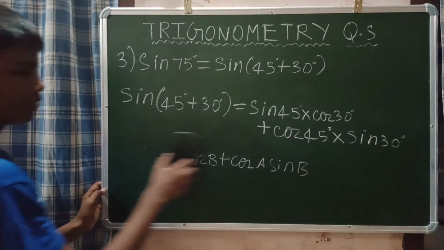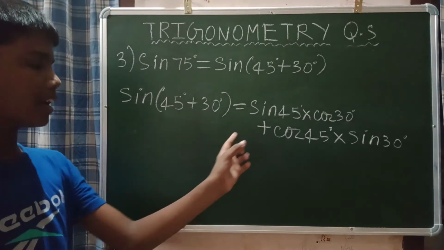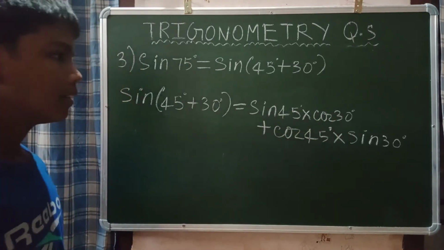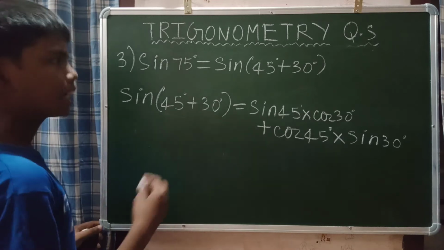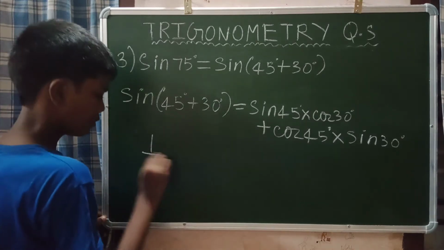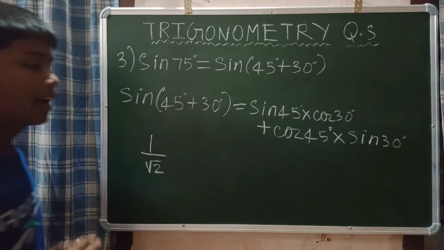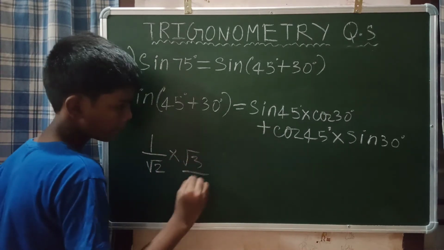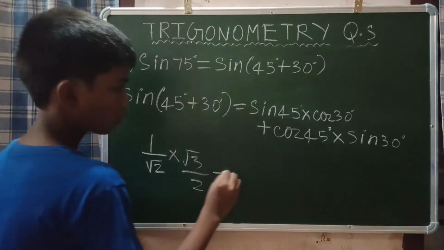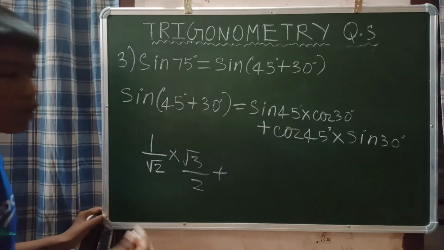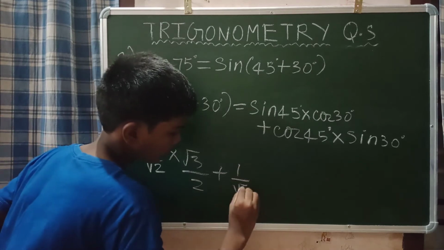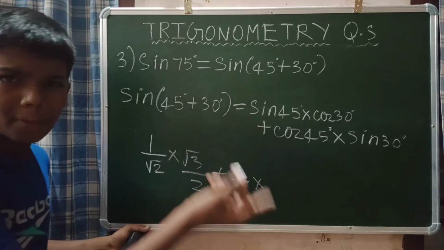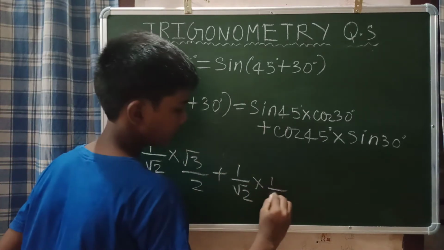Now what I am going to do is a simple thing. I am going to find the values of sin 45 degree, cos 30 degree, cos 45 degree and sin 30 degree. Sin 45 degree we know is 1 by root 2, and cos 30 degree is root 3 by 2, and cos 45 degree is 1 by root 2, and sin 30 degree is 1 by 2.